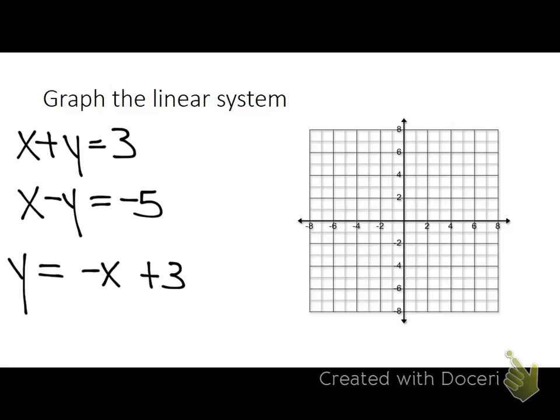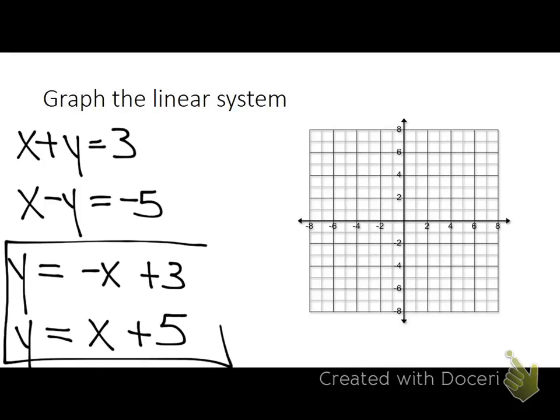And this one, if I subtract x, I get negative y equals negative x plus 5, but then I have to divide everything by negative 1 too because y is negative. y equals positive x plus 5. Okay, so here I have my two equations in function form. I did take a shortcut, but I'm basically just writing these in function form.